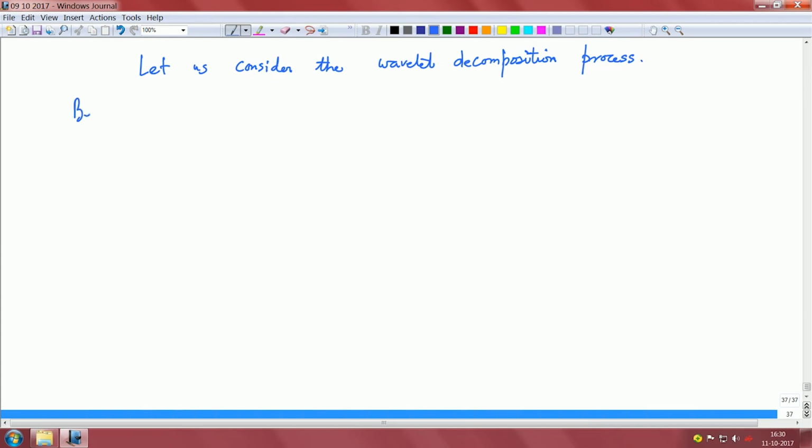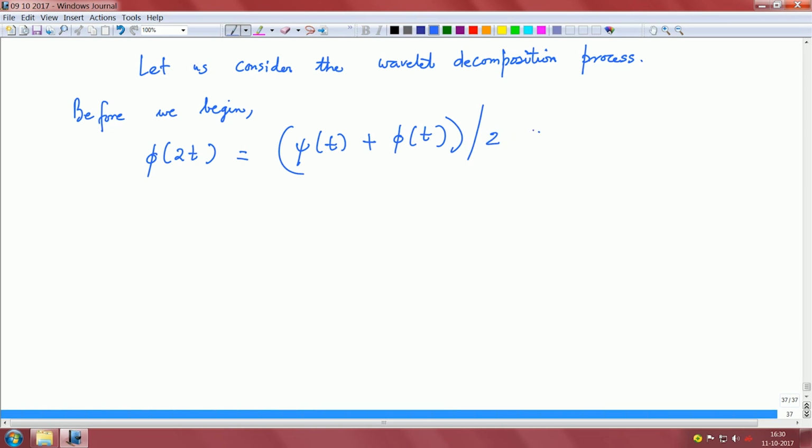So, before we begin, we would like to recall some relations that would be useful in our decomposition. Phi of 2t is basically psi of t plus phi of t upon 2. This is one important relation.